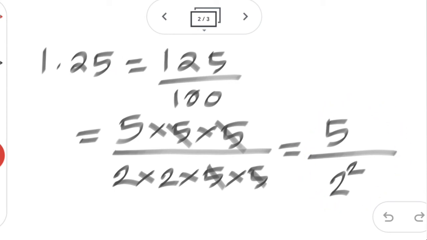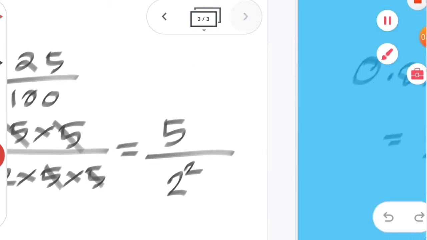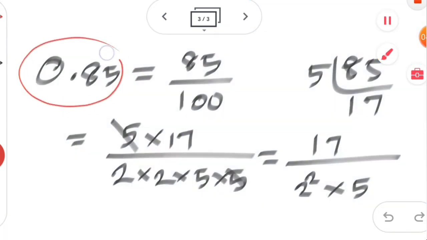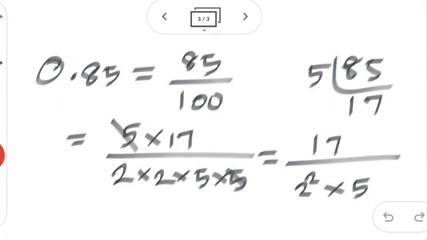Here the denominator contains the prime number 2 only. And in the third example, 0.85 equals 17 by 2 square into 5. Here the denominator contains the primes 2 and 5.